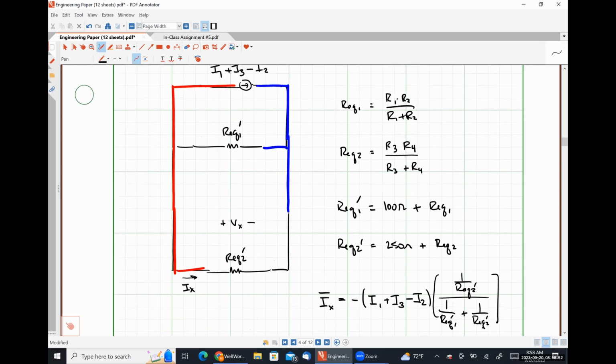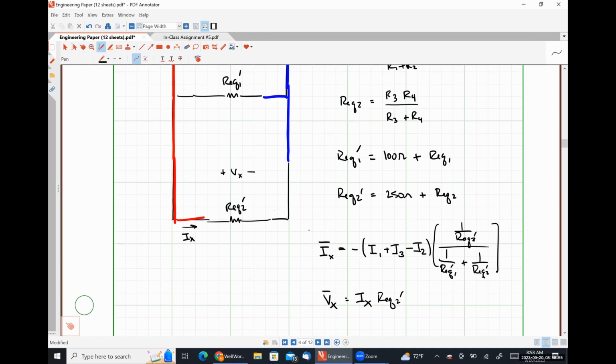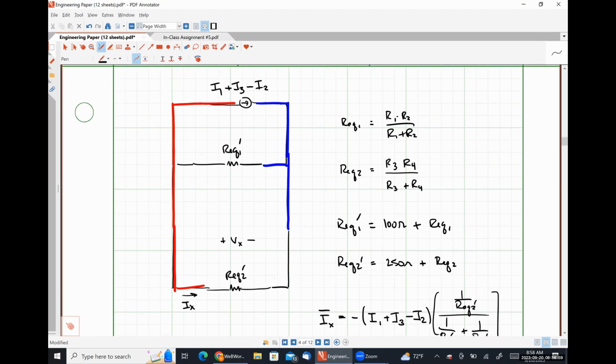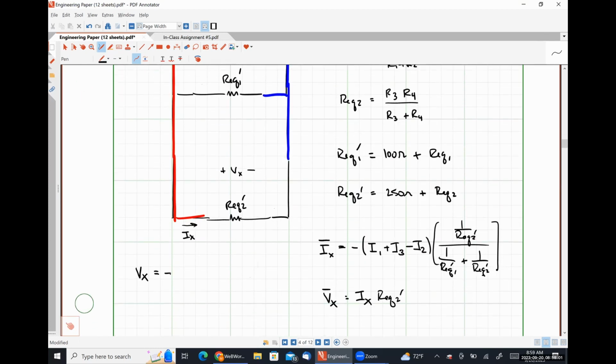I could say that Vx is going to be negative I1 plus I3 minus I2, my equivalent current, times REQ1 prime in parallel with REQ2 prime.